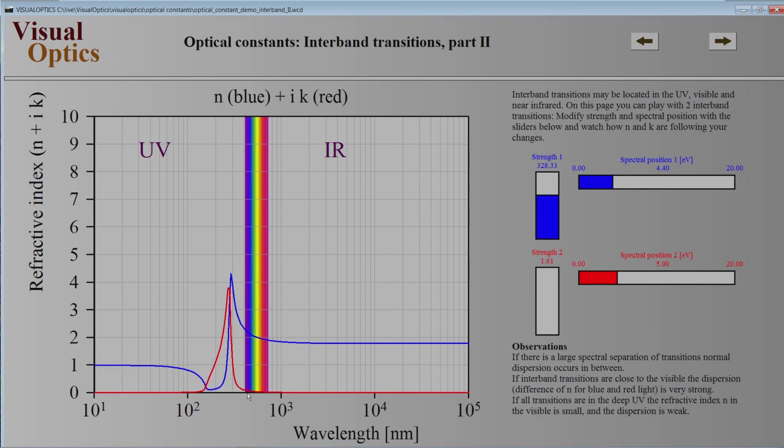Many materials show some absorption in the blue, which gives them a yellowish appearance because the blue is missing. It is absorbed when light travels through these materials, which have interband transitions close to the visible.